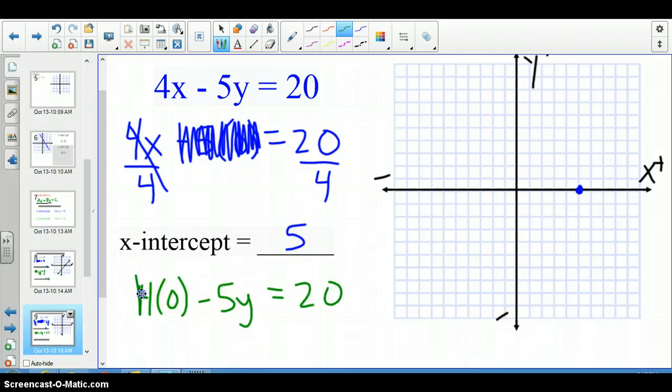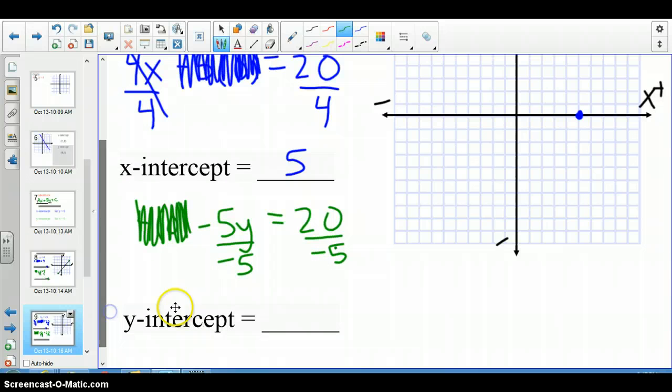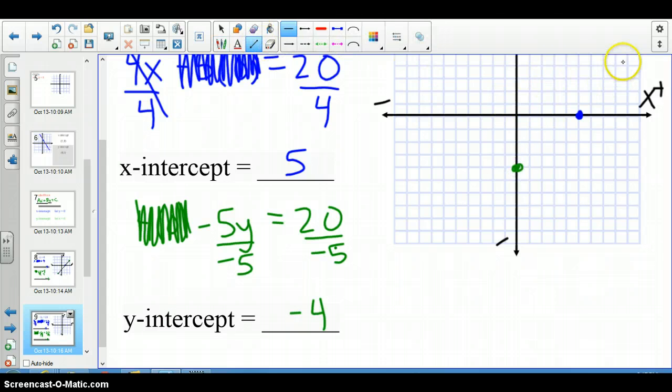So 4 times 0 is 0, so this is gone. Divide by negative 5. You get y equals negative 4. So go to your y-axis at negative 4, plot a point. Now you can connect these with a straight line. Okay, you get the idea there.